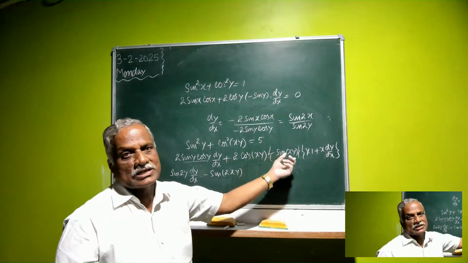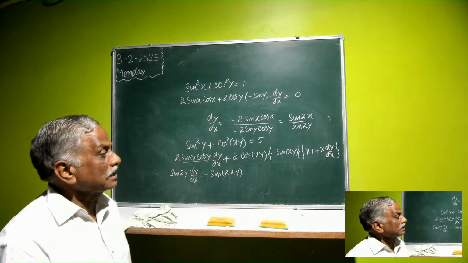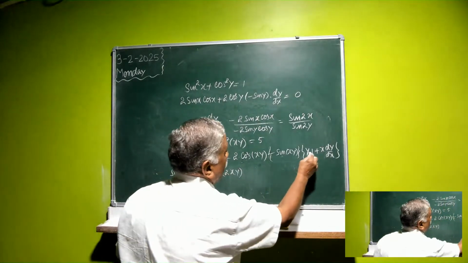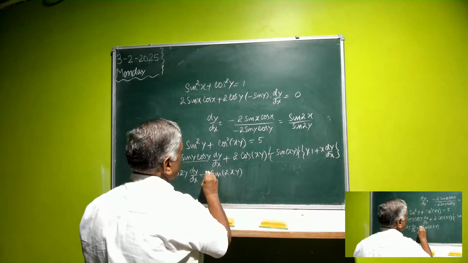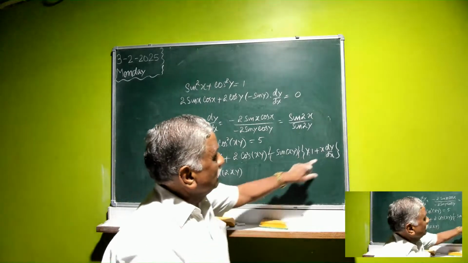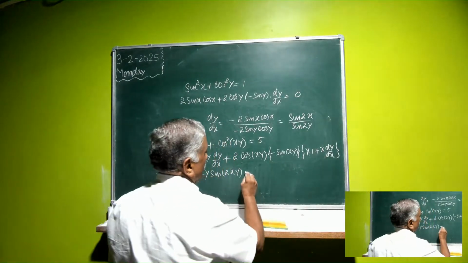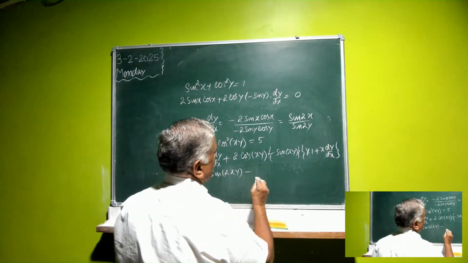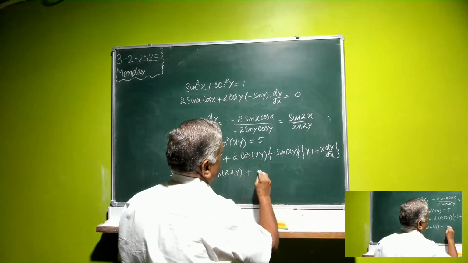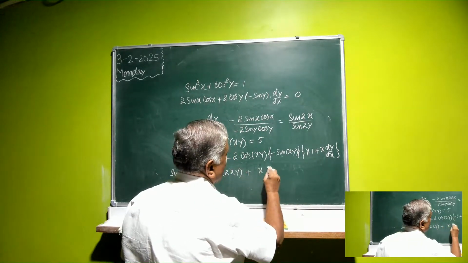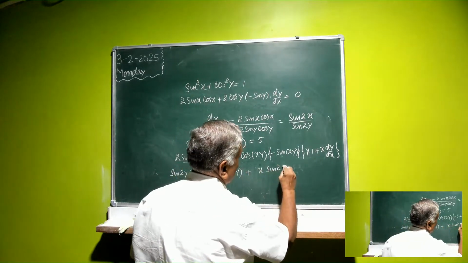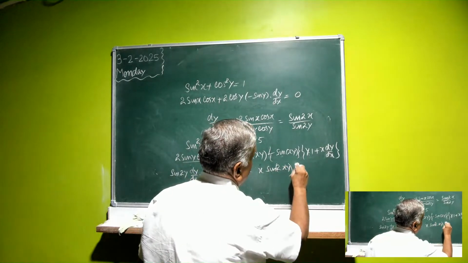Instead of x, you have got xy. So you can write this as 2 sin xy into y, that is minus y sin 2xy. You have to multiply this term also. Minus, this is plus, x sin 2xy into dy by dx.